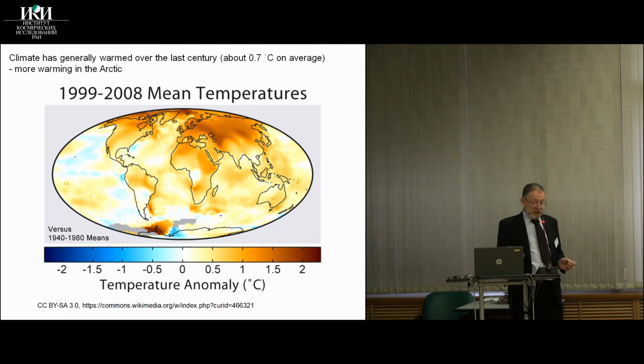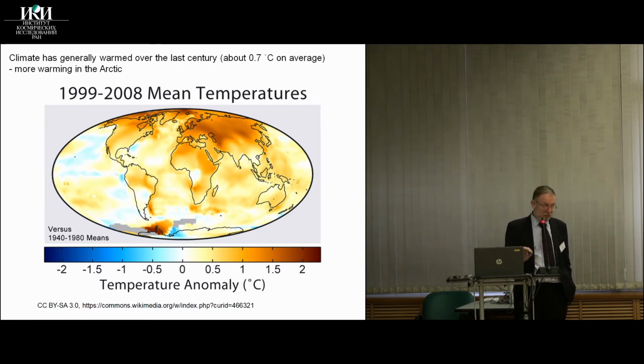We know, it's generally well accepted, that the climate has warmed over the last century, globally on average about 0.7 of a degree over the century, but as we already heard this morning, the warming has been greater at more northerly latitudes. It's maybe 2 to 3 times as big as that.